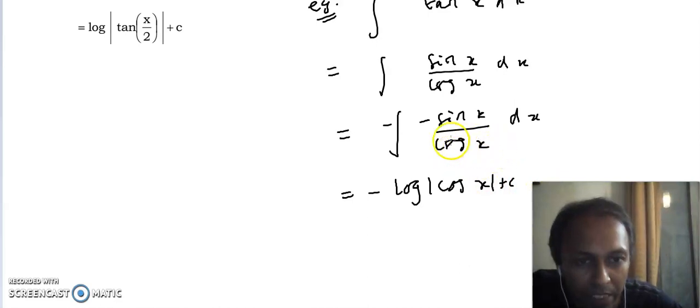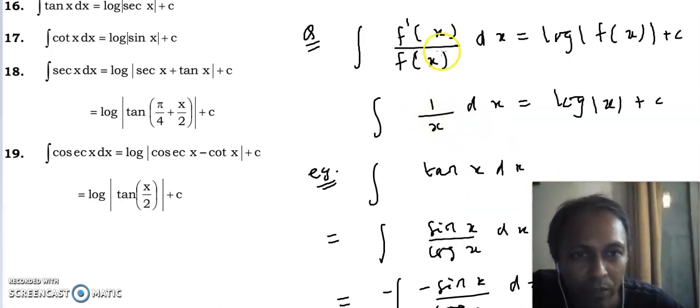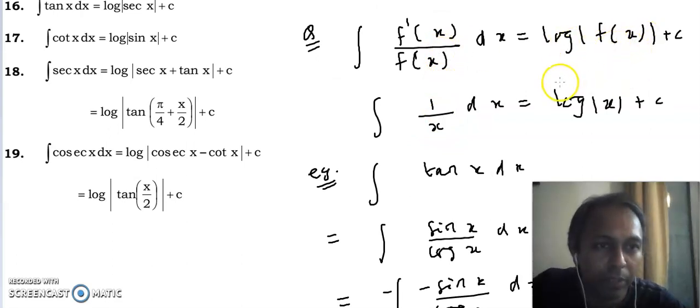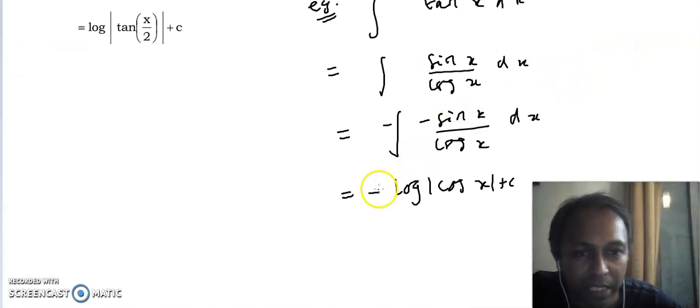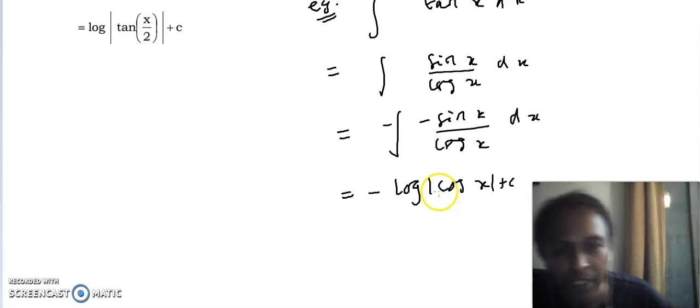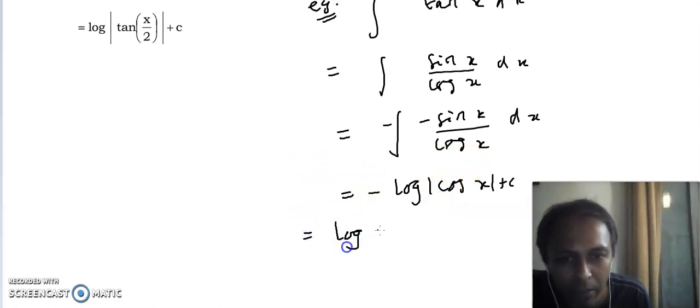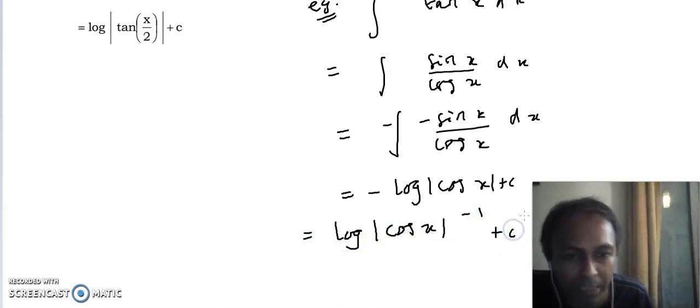Why? Because if this is f of x, the numerator is behaving like f dash x. So the formula is log of mod of f of x plus c, which in this case becomes minus log mod cos x plus c. If this minus is taken in the power, this becomes log of cos x raised to minus 1 plus c.